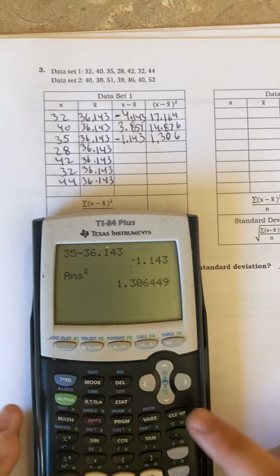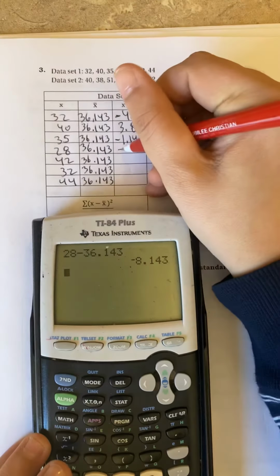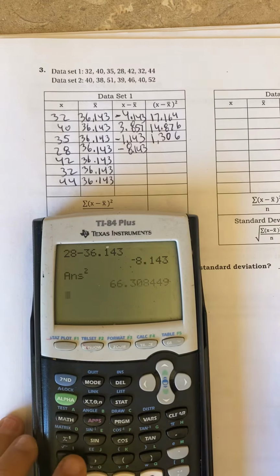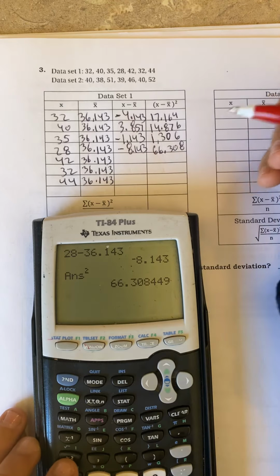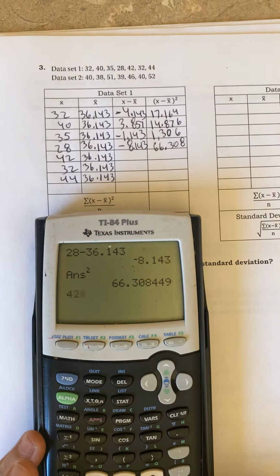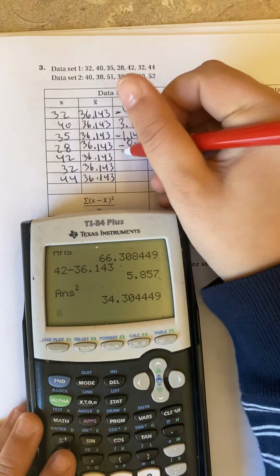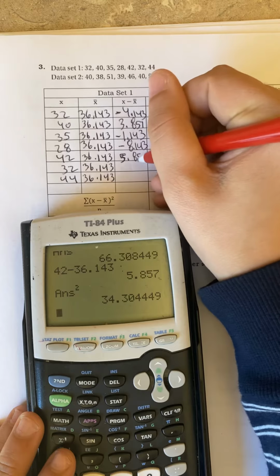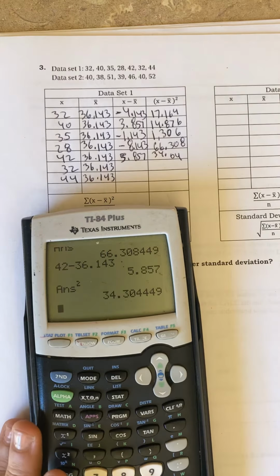And then number 28. 28 minus 36.143 gives me negative 8.143, and then we square it to give us 66.308, and then 42 minus 36.143, and then square it to give us 5.857 here and 34.04 there.